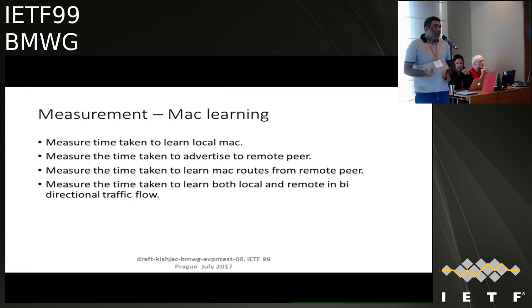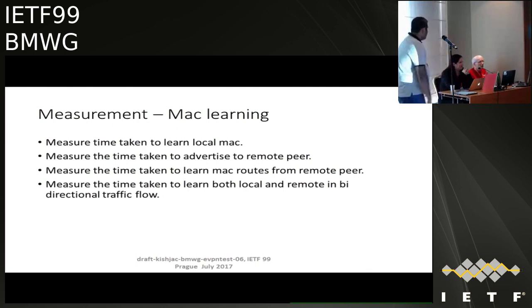Then the MAC coming from the remote router is remote learning. We measure the time taken to learn a certain amount of MACs while sending bidirectional traffic, repeated at intervals and plotted, because these MACs are advertised by BGP. Unlike VPLS, which is data plane learning, here the MAC details are advertised to other routers as a type 2 route, because certain NLRIs are defined in EVPN.